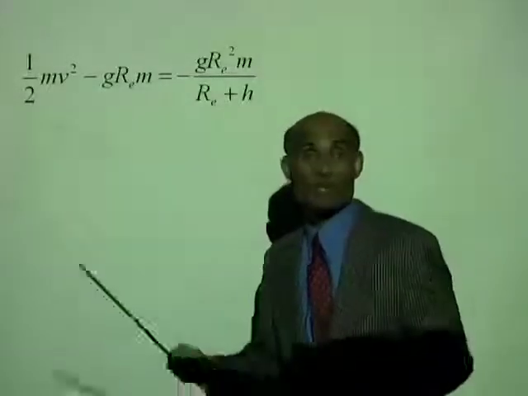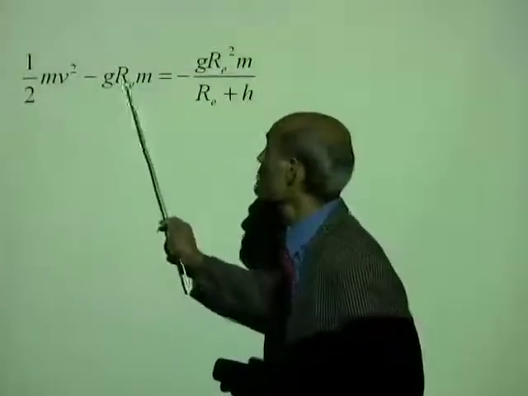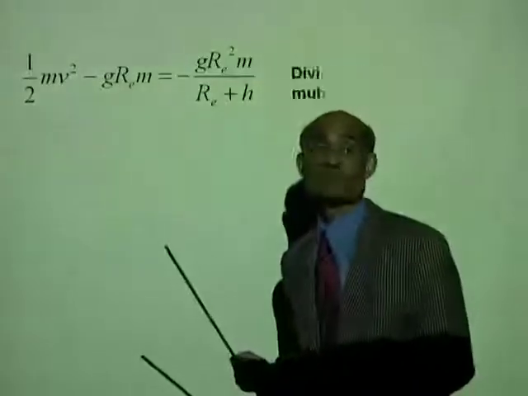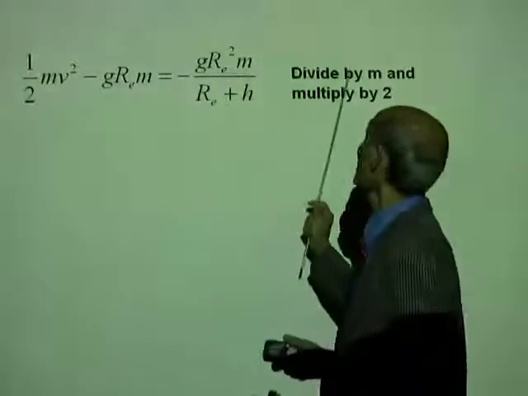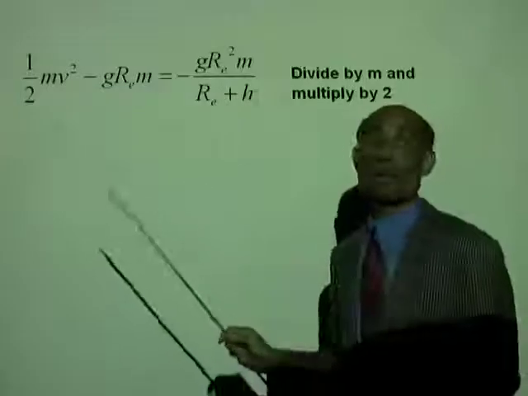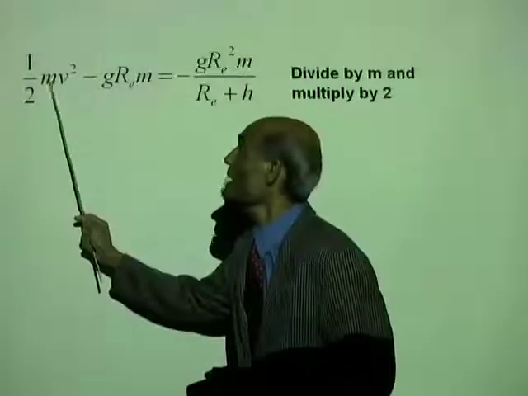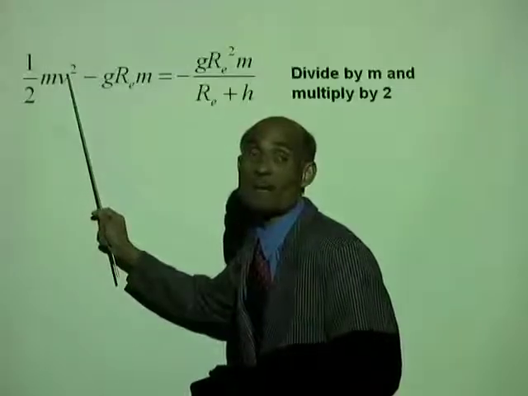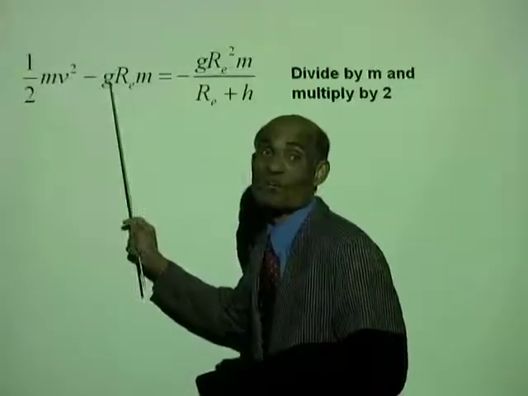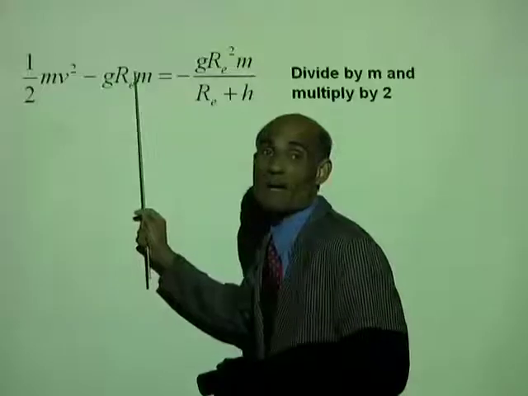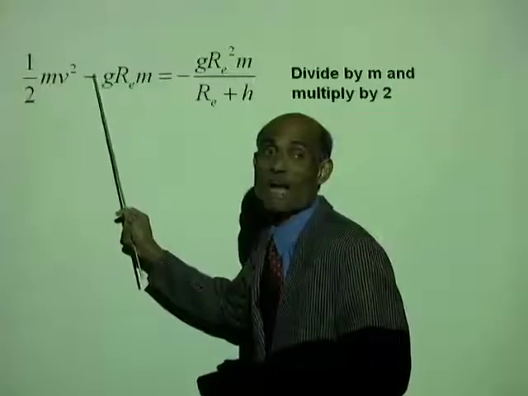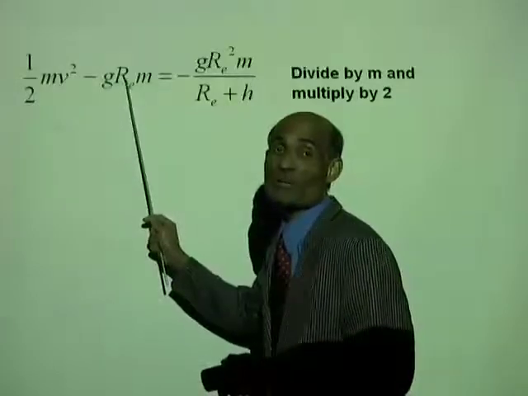Just like we were doing before, divide by m and multiply by 2. When you divide by m and multiply by 2, this term will simply be a v squared. What would this be? Divide by m, m will go, multiply by 2. This will be minus 2 g RE.